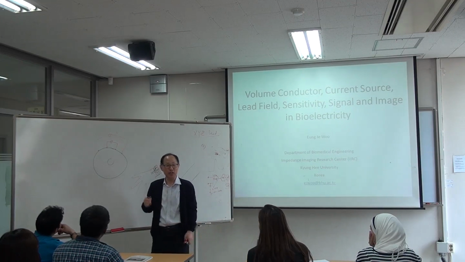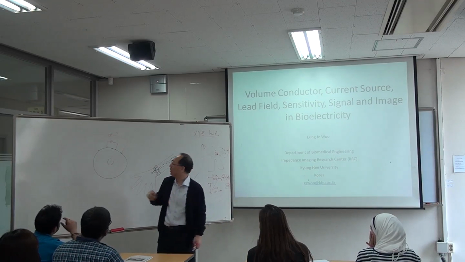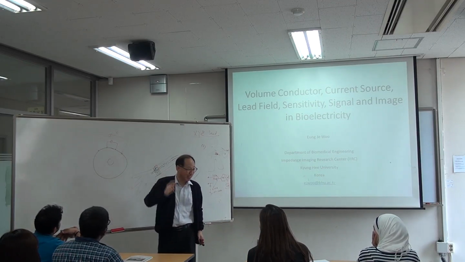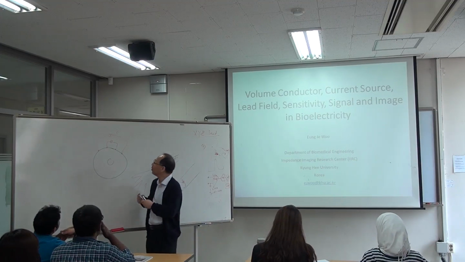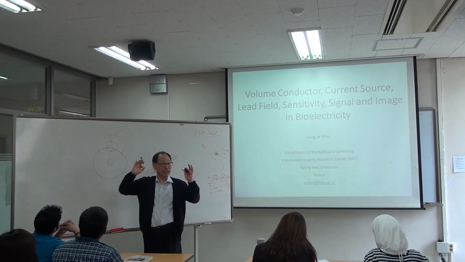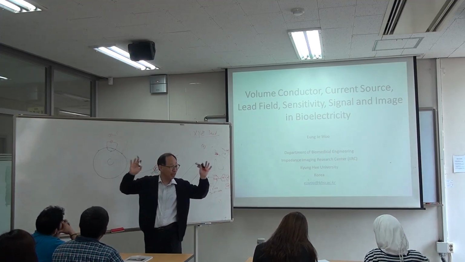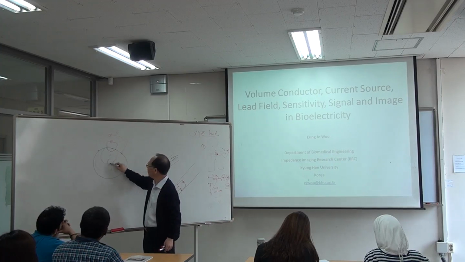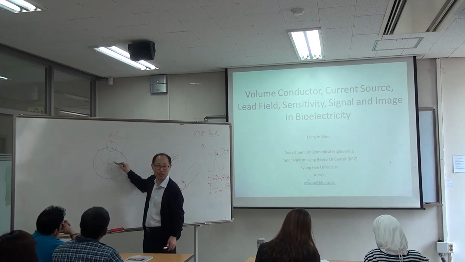We have to inject current between this voltage measuring electrode pair. Don't forget this. So we are injecting current here. This is an imaginary thing. Okay, so we inject current like this. So there's going to be some current passing through here, right?